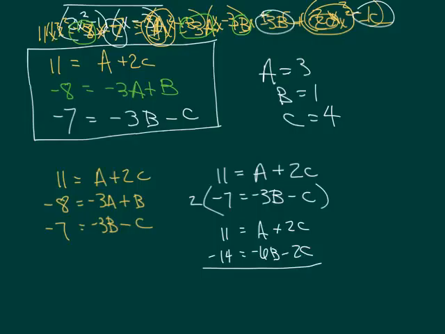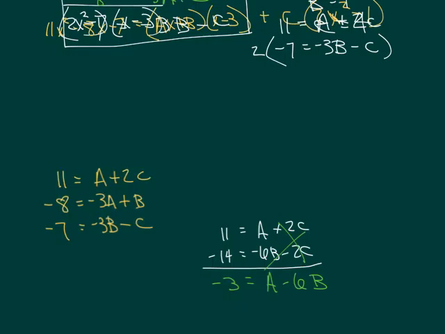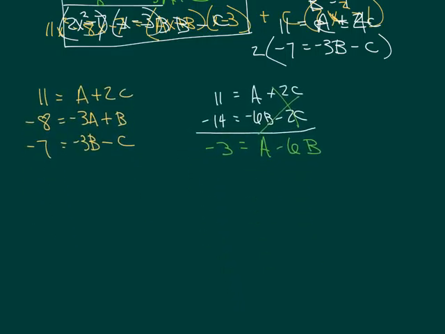Okay, so I'm just going to add these together because these will disappear if I add them together. So 11 plus negative 14 is negative 3, and then a minus 6b, there's nothing to compare there, so those go away. Alright, so now what I'm going to do is move some of this junk out of the way here. I have an a and a b here, and I have an a and a b in this equation, so I'm going to put those together. So negative 3 equals a minus 6b.